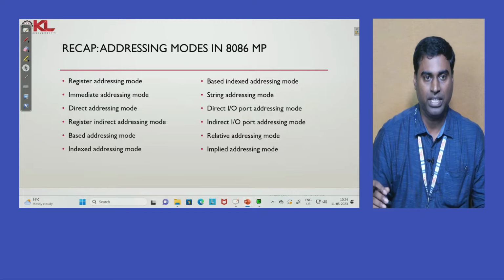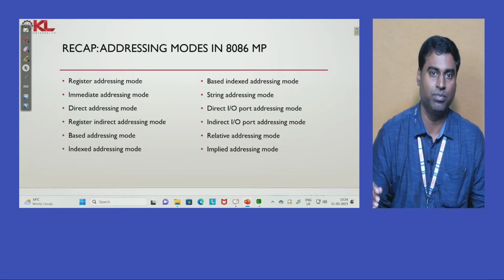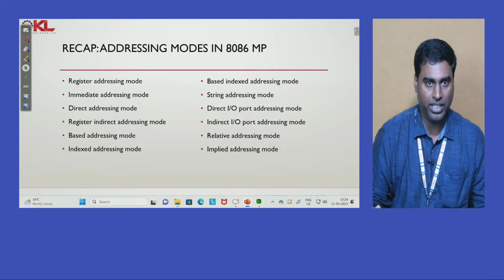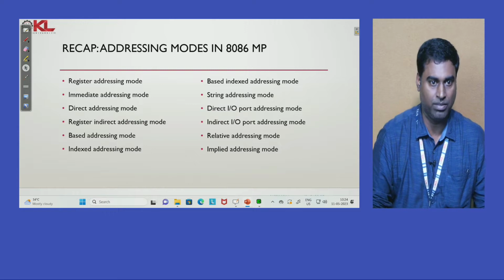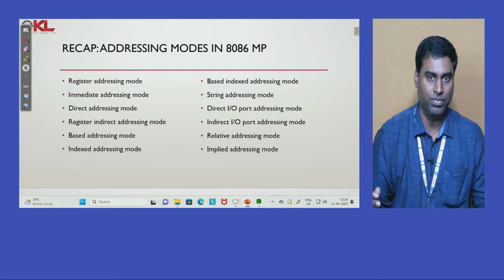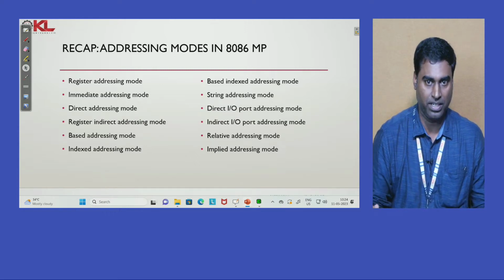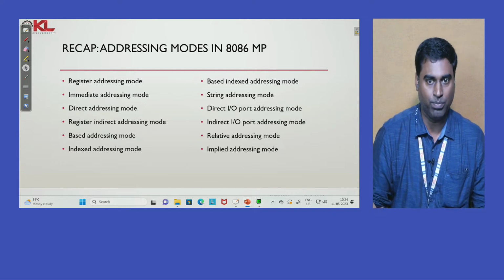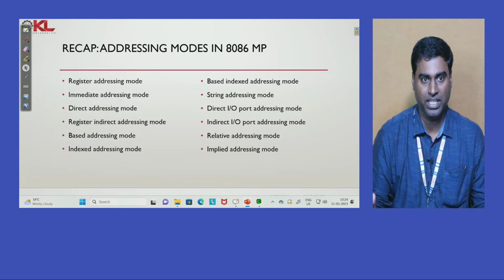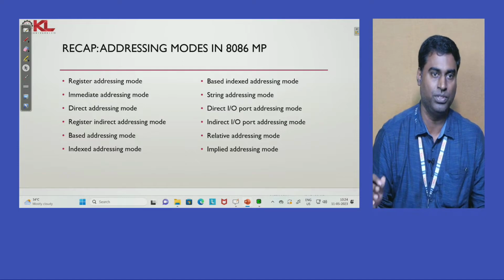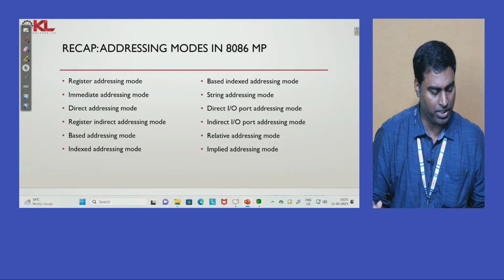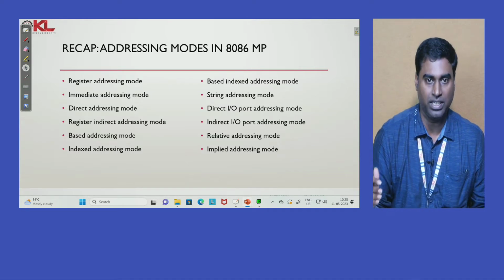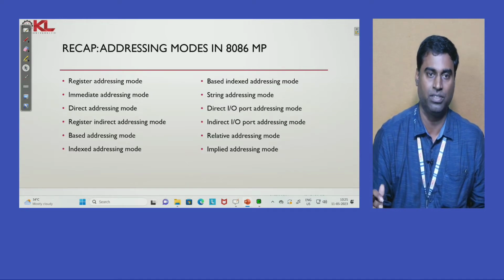There are a variety of addressing modes: register addressing mode, immediate addressing mode, direct addressing mode, register indirect addressing mode, based addressing mode, indexed addressing mode, based index addressing mode, string addressing mode, and direct IO port addressing mode. These are the various kinds of addressing modes used in the 8086 microprocessor. These are important concepts we discussed in the previous lecture video.